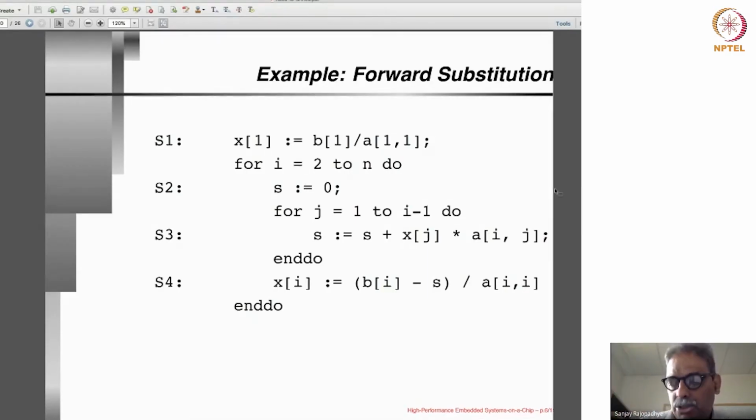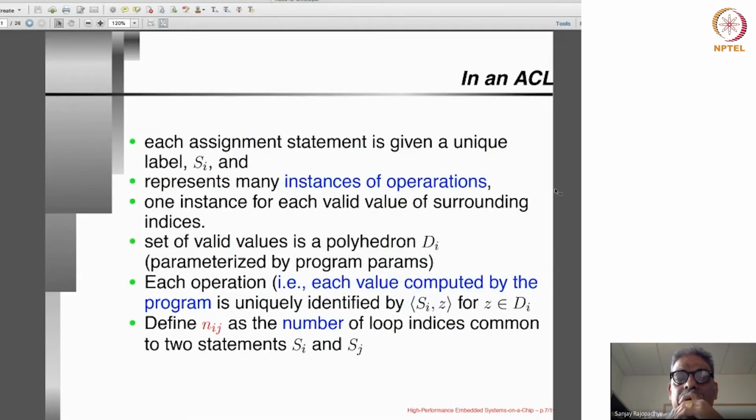Okay. So this is a program that solves a triangular system of equalities with a classic forward substitution algorithm. But what it does is really not that important. Okay. Each assignment statement is given a unique label, like I said, and it represents many instances of operations.